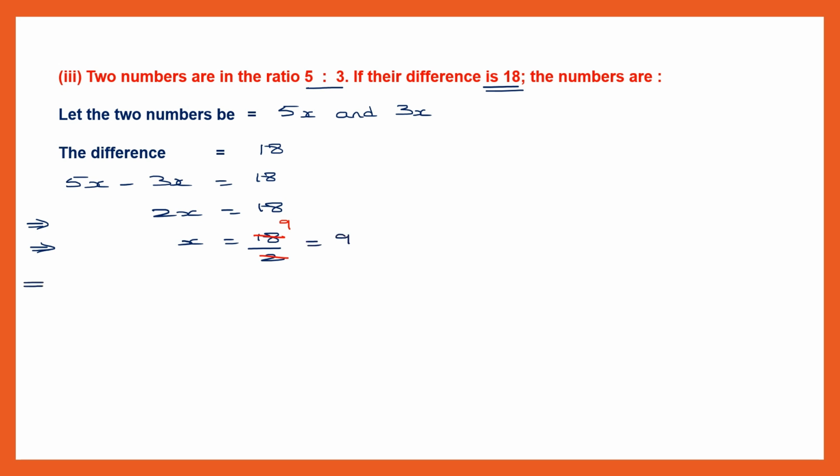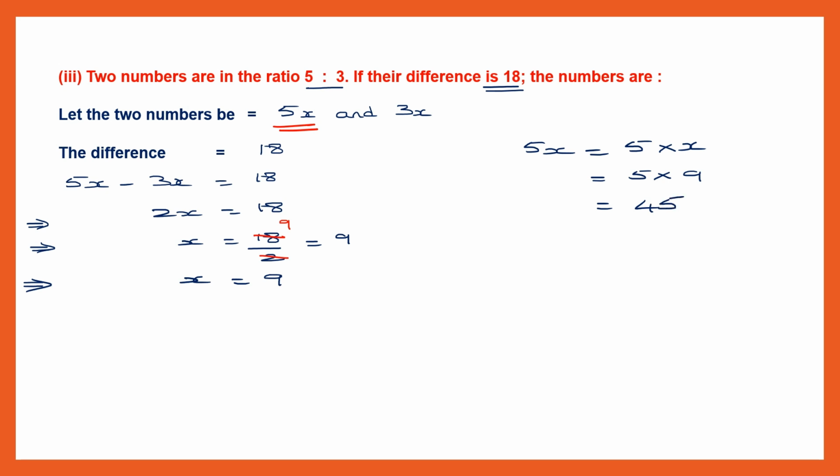So now that we know that x is equal to 9, we can find the two numbers, because we said let the two numbers be 5x and 3x. Let's take the first number, 5x. That is 5 into x, which is 5 into 9. 5 nines are 45.